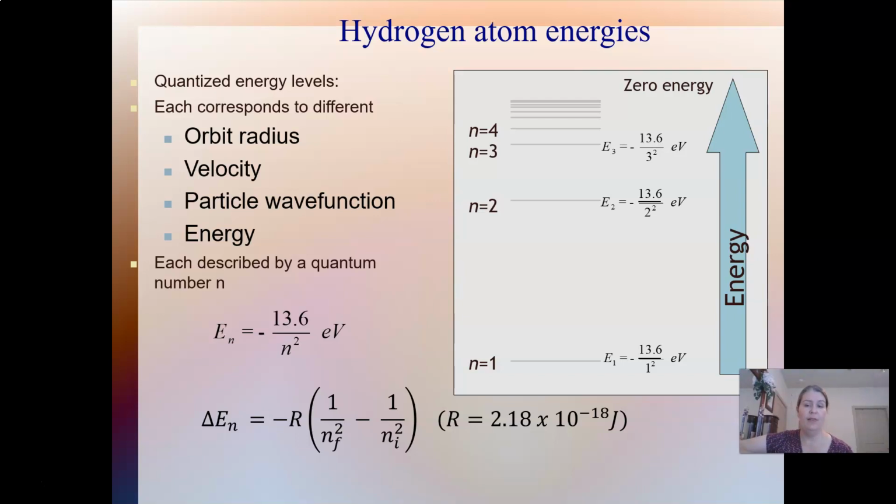R is 2.18 times 10 to the negative 18th joules. And the delta here is 1 over final squared minus 1 over initial squared, and you do notice that's squared. So you can basically see where this is coming from. It's very similar to this. The R is different because this is in joules and this is in electron volts. And you'll see R, the Rydberg constant, in multiple different units all over the place.